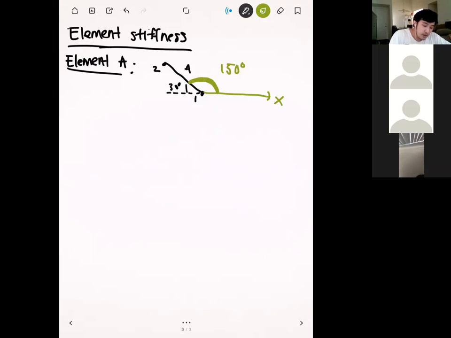Okay, and so there's lots of different ways that you can do these problems, and I've actually seen some people in office hours do these a little bit differently. But the way that I like to do it is I kind of like to think of the elements where the pivot is at the lower node number. Okay.